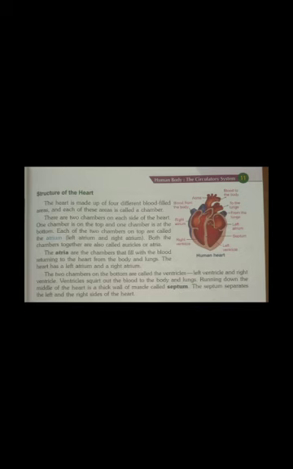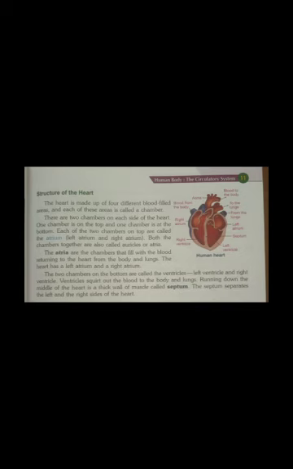But normally it beats 72 times, right, 70 to 80 times a minute. And to check that, doctors use an instrument called a stethoscope, right?